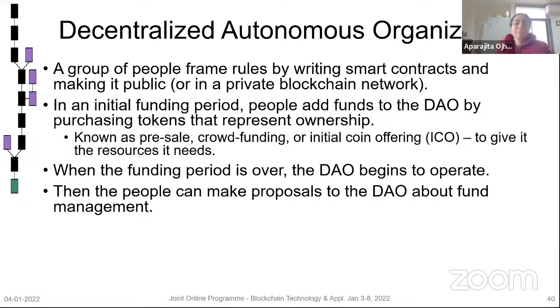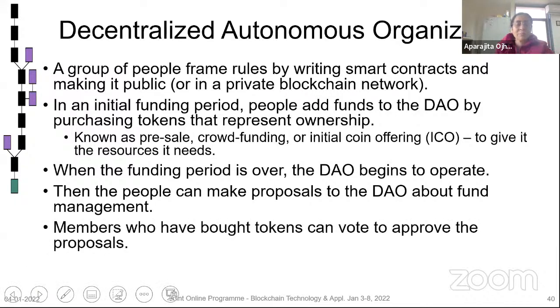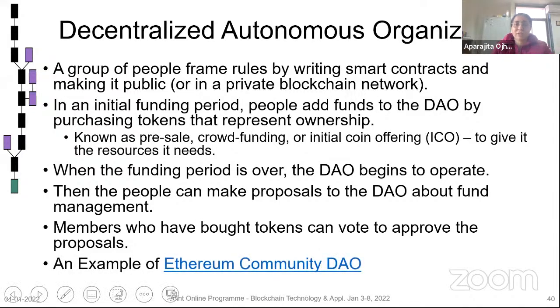So they make proposals to the DAO. Initially, in the funding period, if it is a car company, it can say, I will have a bigger share. If there is an engine company, they will have a relatively smaller share. All this is part of it. So members who have bought tokens can vote to approve the proposal. Remember that they will be purchasing tokens and they will have a bigger say on this.